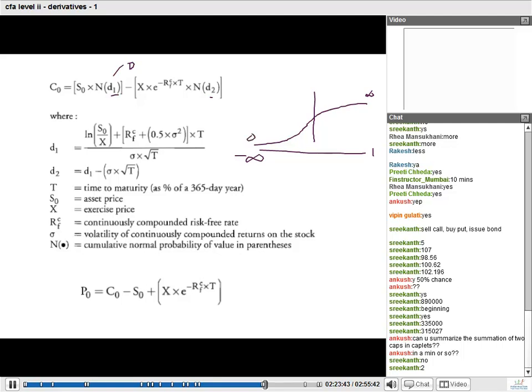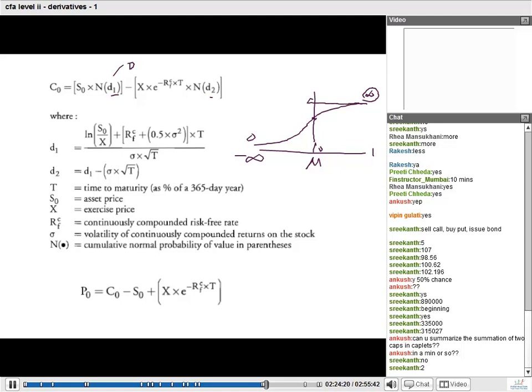Recall, the term cumulative means the number of values less than or equal to a given value. In case of a normal distribution, the distribution can take on values between minus infinity to plus infinity. What is the number of values which are less than plus infinity? All 100% of the values are less than plus infinity. So this will vary from 0 to 1.